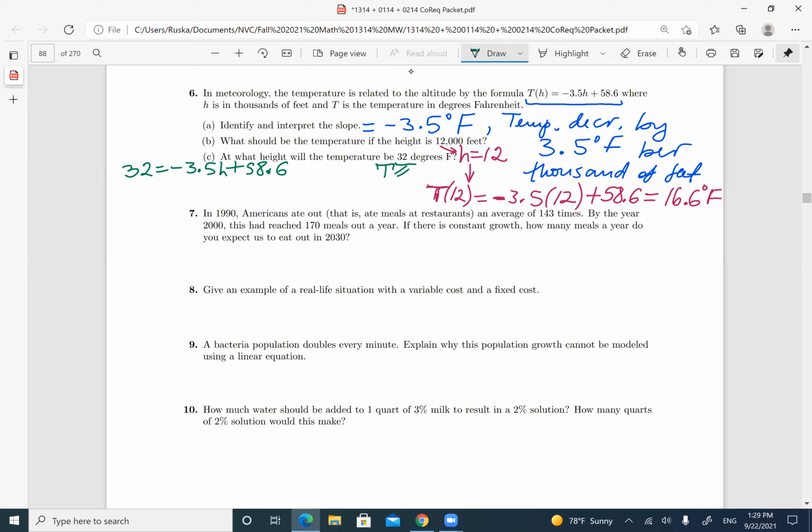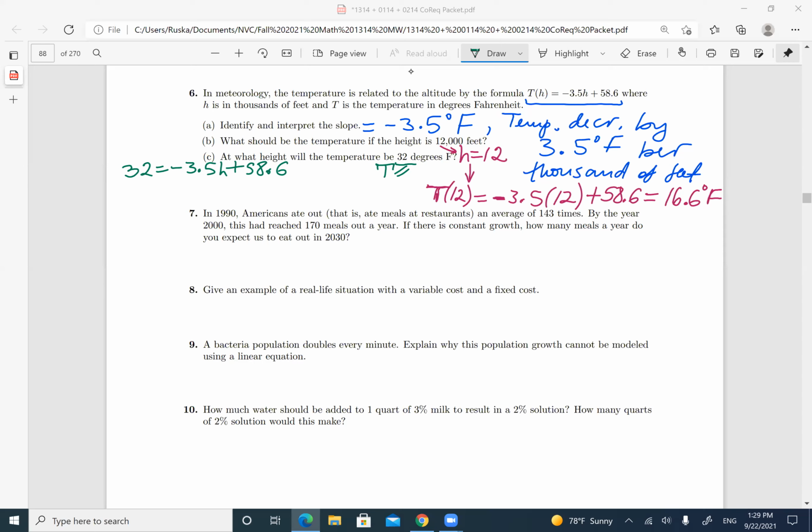Since it says T of H in the formula, would we put 32 of H equals negative 3.5 H? What do you guys think, since there are two variables in the equation?